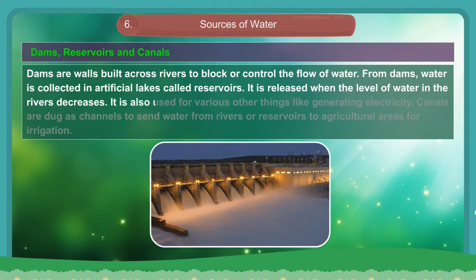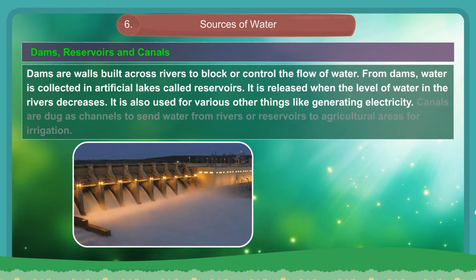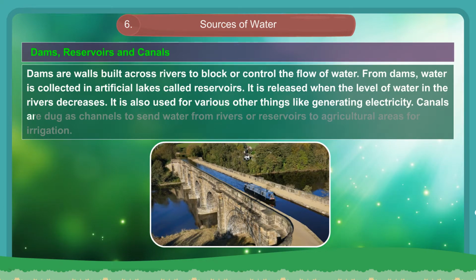It is also used for various other things like generating electricity. Canals are dug as channels to send water from rivers or reservoirs to agricultural areas for irrigation.